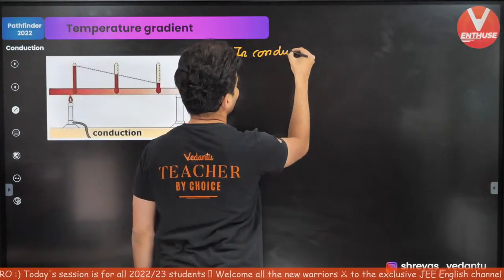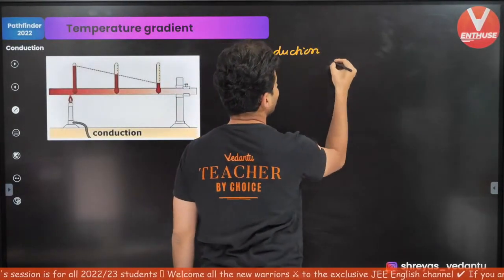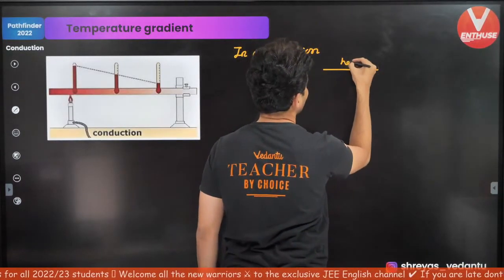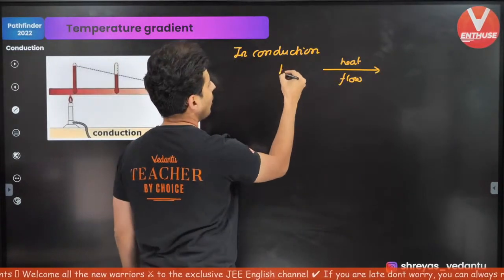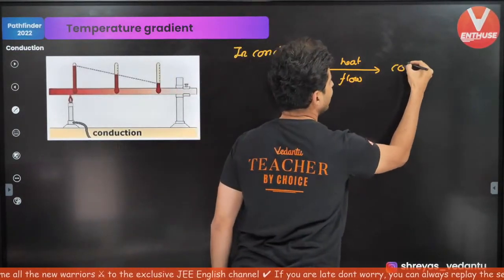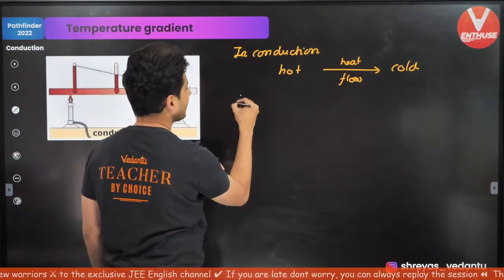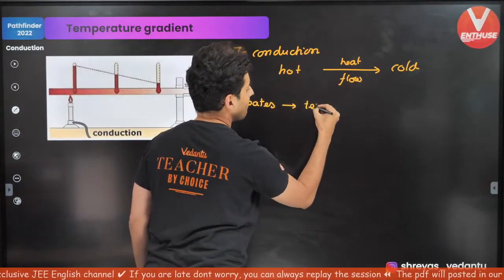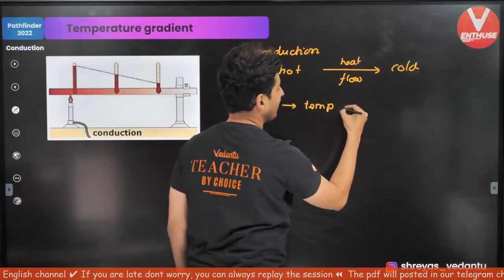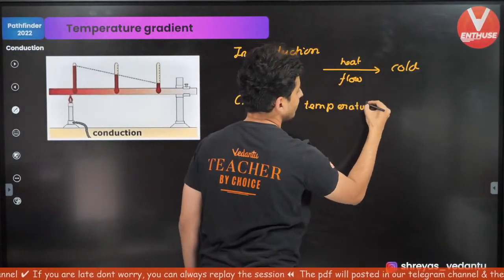So in conduction, the heat flows from the hot side to the cold side, and it creates basically a temperature gradient.